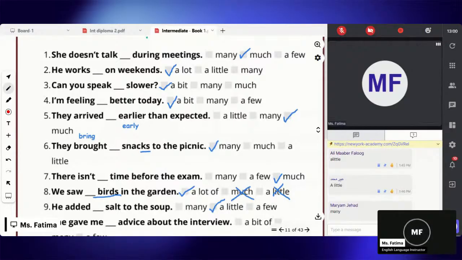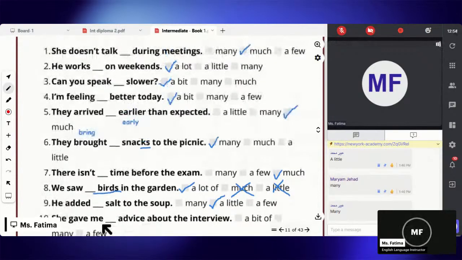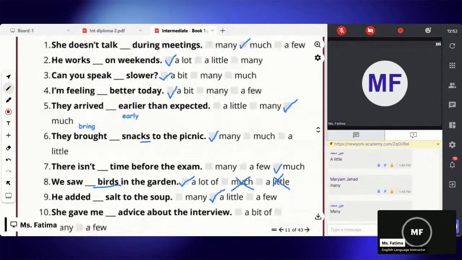Guys, advice, meaning counsel. In English, the word advice is only one. There is no advices. No. Okay? So advice is uncountable.